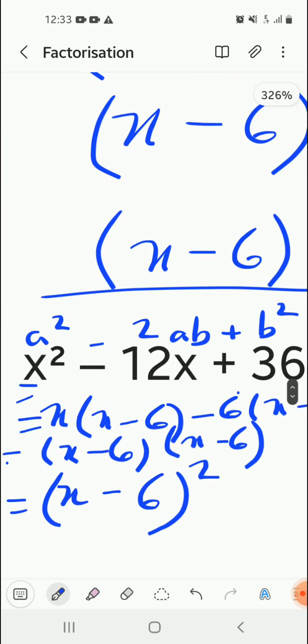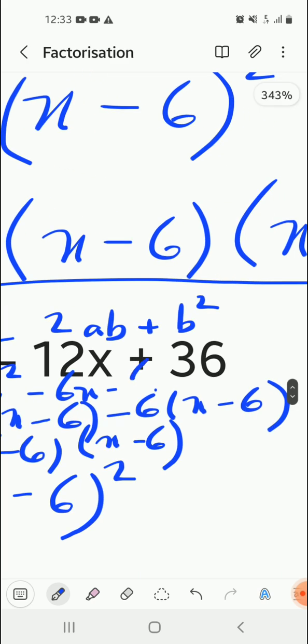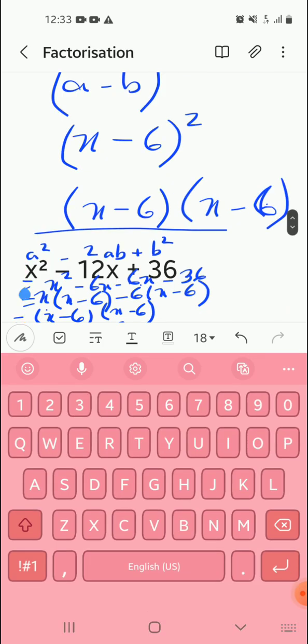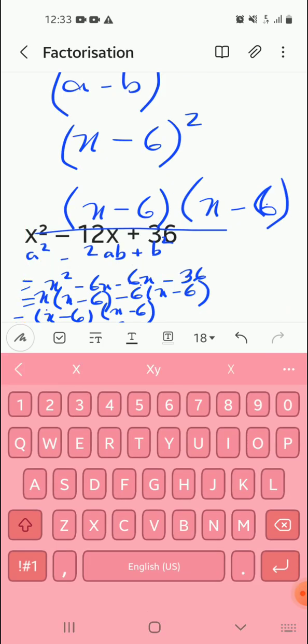So we get x into x, x square, minus x into 6, that is minus 6x, minus 6x, plus 36. So see, in this way if we do back calculation also, we are going to get this answer very easily. So this is a simple trick in which we can do this.